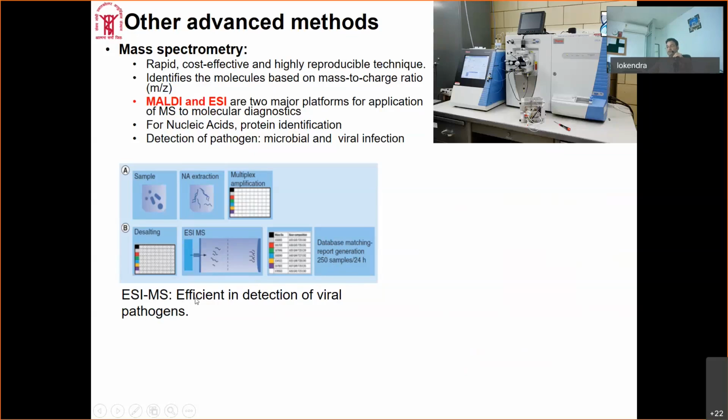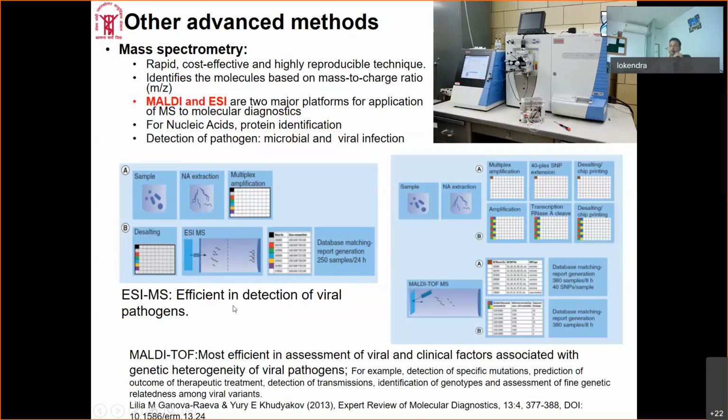The more advanced and more commonly used method is MALDI-TOF, time of flight. Time of flight is again based on the mass to charge ratio. The difference between these two methods is that ESI is based on ionization spray and this is matrix associated laser desorption. In this case there are various ways in which not only small molecules but also bigger molecules can be identified.